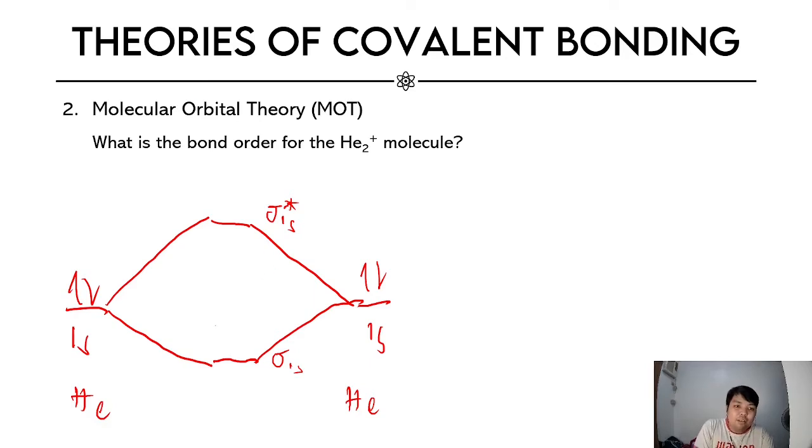Since it has a positive charge, we subtract 1 electron. Since they are both helium atoms, it really doesn't matter where you subtract your electrons, so I will subtract it from here.